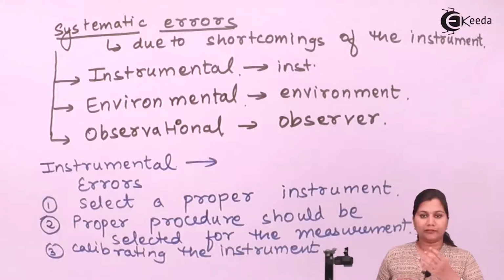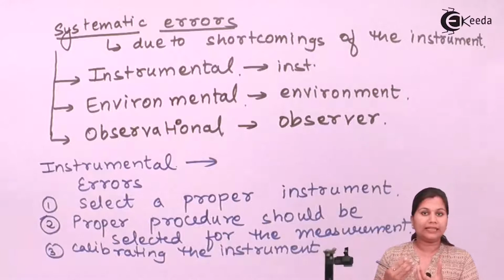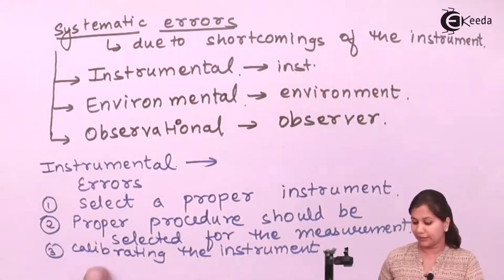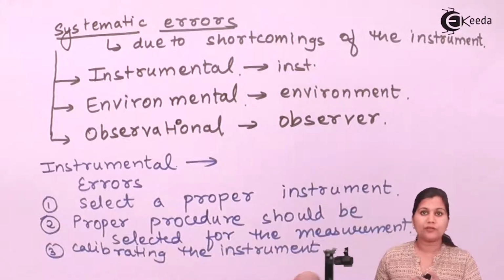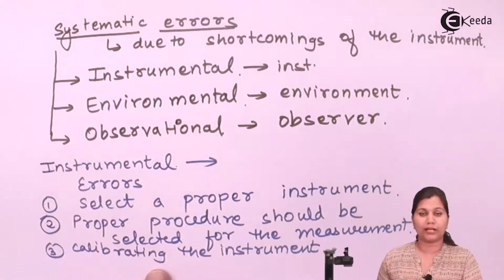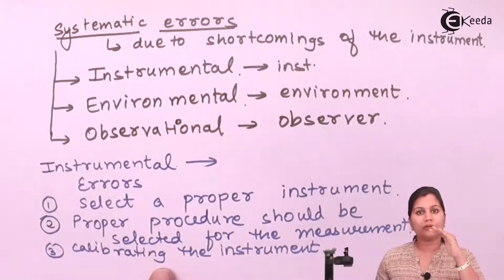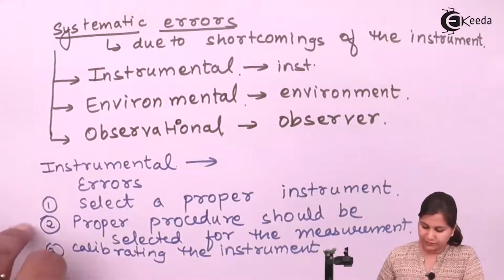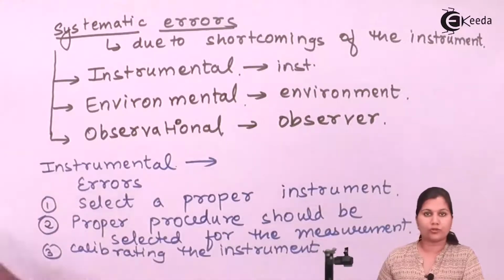If there are any internal errors in the instrument, then also it is going to generate errors. If internally there is any mistake, any wire is broken, or the pointer is not at the correct position, then also errors can occur. So before doing any measurement, we should calibrate the instrument. Calibration is going to reduce the percentage of errors. So these are the ways in which we can reduce the instrumental errors.